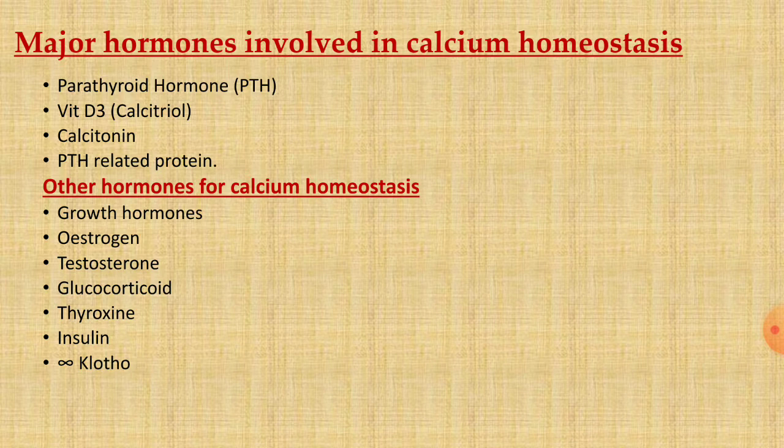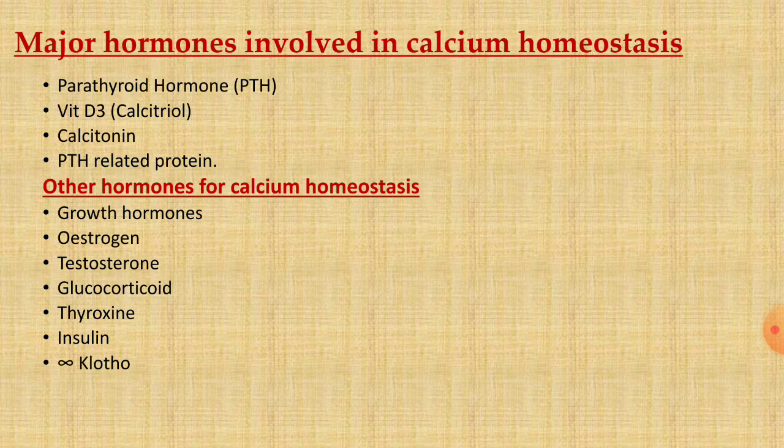First of all, let us enlist the hormones that are involved in maintenance of calcium homeostasis. Whenever there is fall or increase in the level of blood calcium, specifically ionized calcium, different calcitropic hormones get released into our system, which play a role differently to restore the blood calcium level.